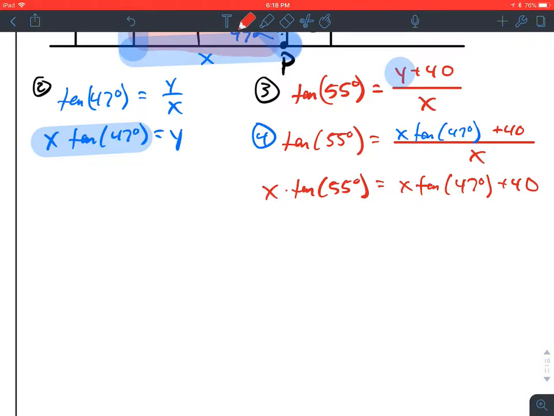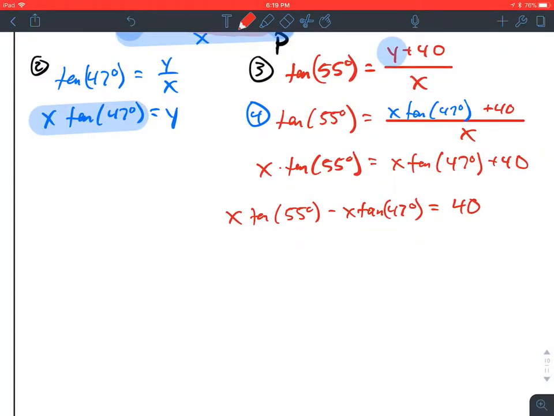I want to get all the terms with X's on the same side of the equation, and both of these terms have X's. So I'm going to subtract X tangent of 47 degrees from both sides of the equation. Sometimes my 7s start looking like 2s.